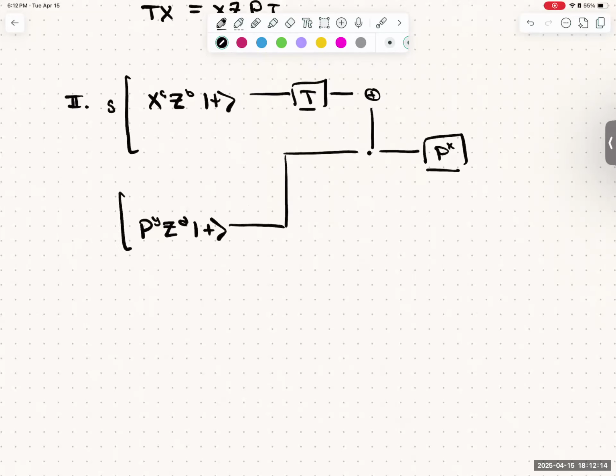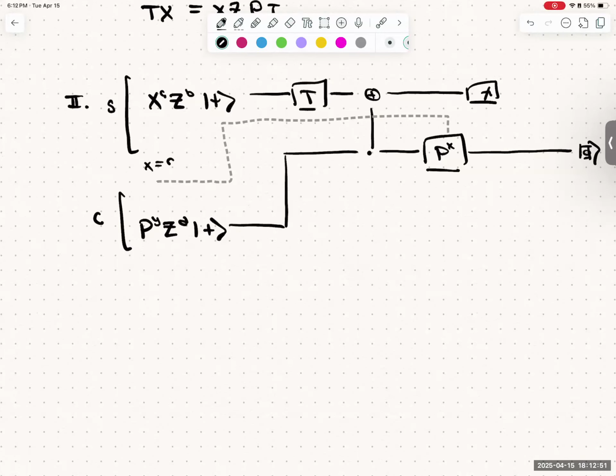So this stuff is happening on the server side. This stuff is happening on the client side, I guess. Okay. This gets measured. And then this is the output that we want, which I will call phi. And then we also have a random bit x. x is equal to a plus y.